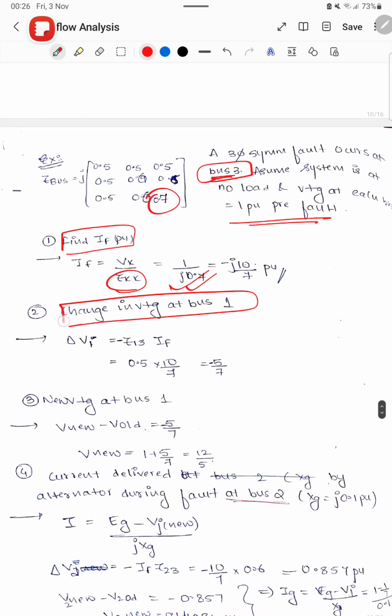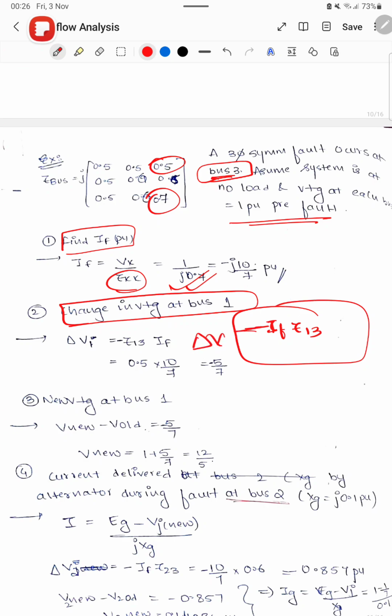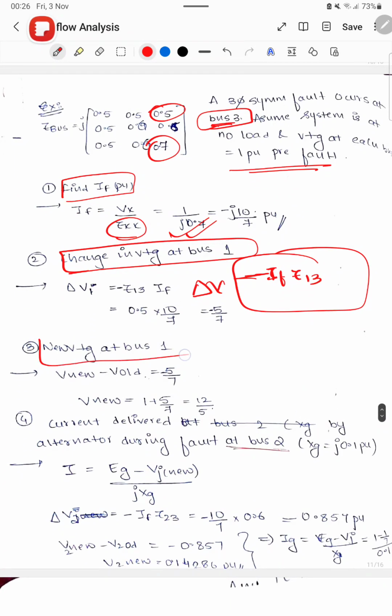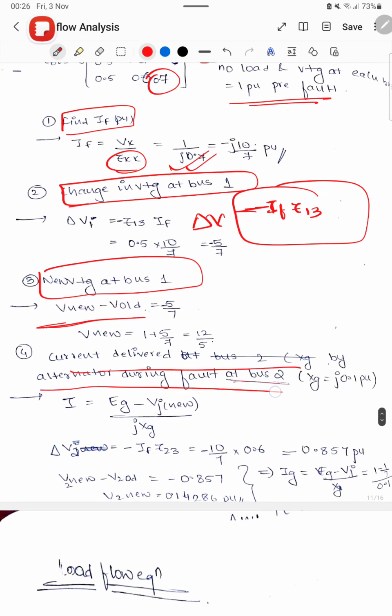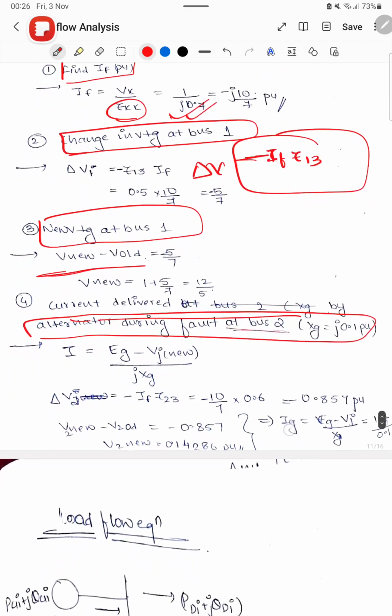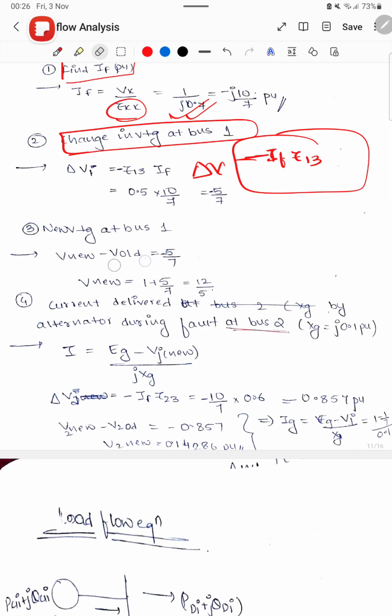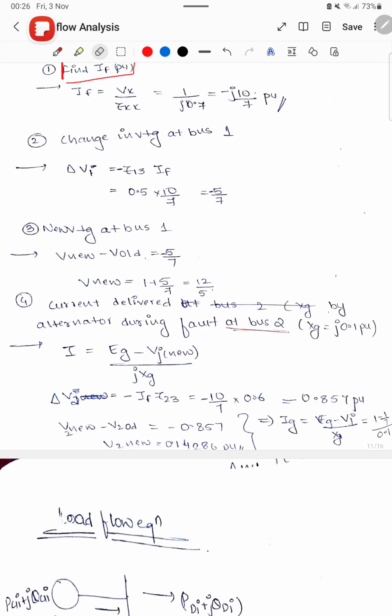Change in voltage at bus 1 would be what? Minus IF into Z13. Z13 is nothing but what? 0.5. Please don't forget this minus sign in delta V. Okay, new voltage at bus 1, V new minus V old, you could get, and then current delivered by alternator at bus 2 during fault at bus 3, that also you can calculate. Okay, you can just pause it for a while and check.